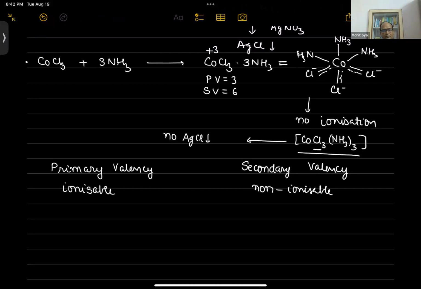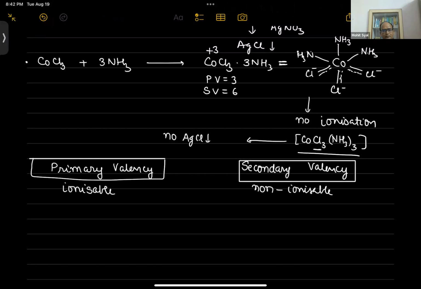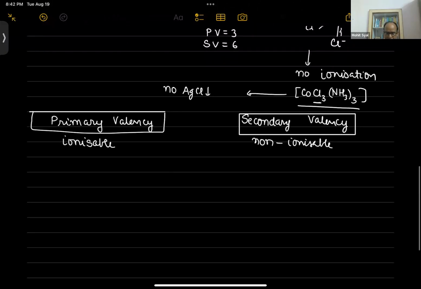What explanation will you give? Because they fulfill the secondary valency and they were connected tightly by covalent bonds, or secondary valency, and they will not ionize. Okay, secondary valencies are non-ionizable.